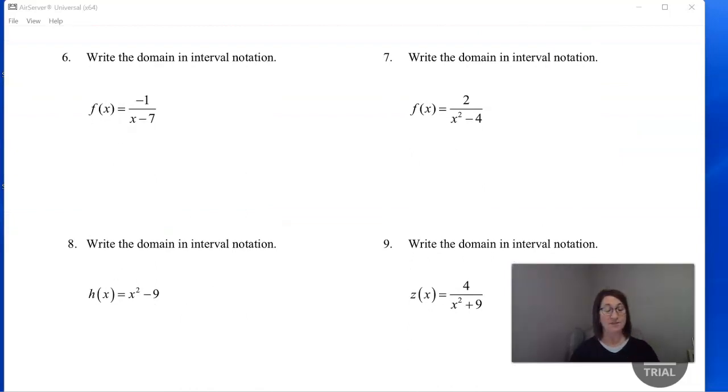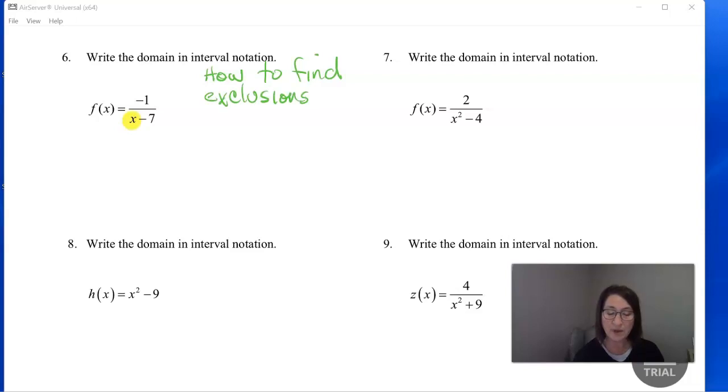So the first thing that I notice with example number 6 is that I have an x value that's in the denominator. So the way I'm going to find my domain, what I'm going to find first is my exclusions to the domain.